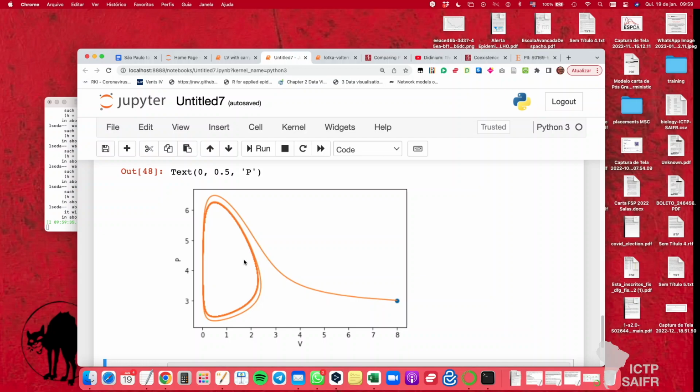Here I approach an oscillation with a certain period and amplitude which is not dependent on the initial condition.